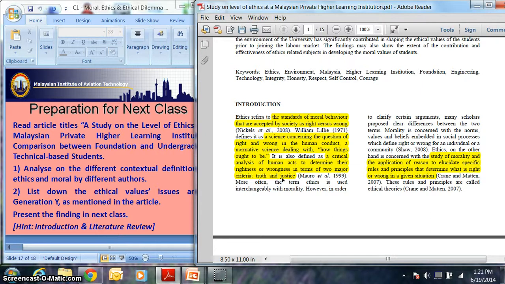For ethics, author number one, Nickel, said ethics refers to the standards of moral behavior that are accepted by society as right versus wrong.